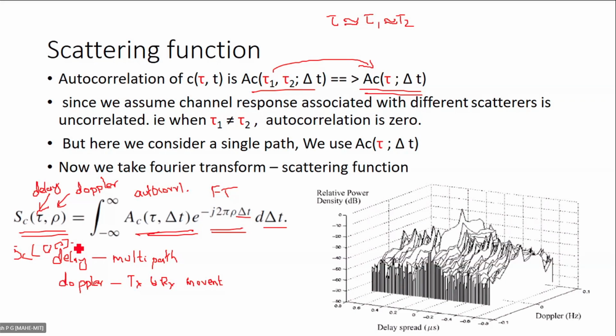As I mentioned earlier, the first component represents the delay, that is the multipath, and the second component represents the Doppler effect, which is the essential part that explains the wireless channel.